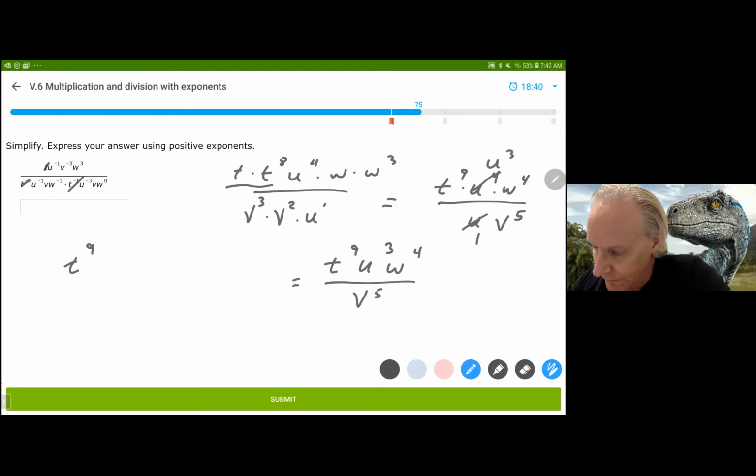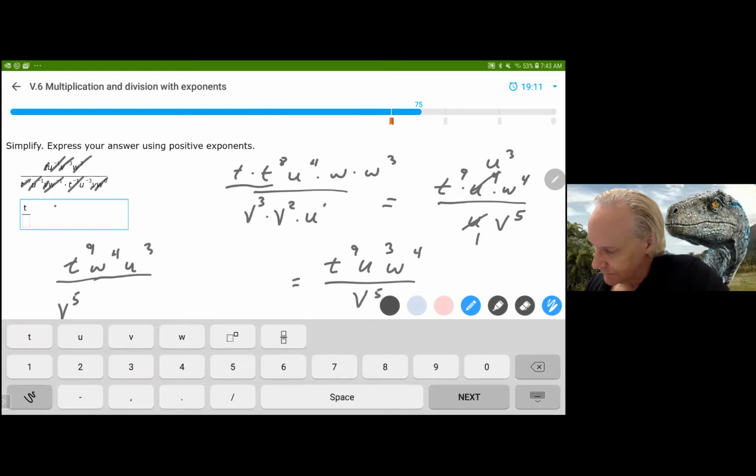I have 3 v's, 4, 5 v's in the denominator. I ignore that. I've got a w cubed, and one more makes w to the 4th. I've got a u to the -3, and these u's cancel each other out. So I've got a u to the 3rd in the numerator. And it looks like it's the same, yep.